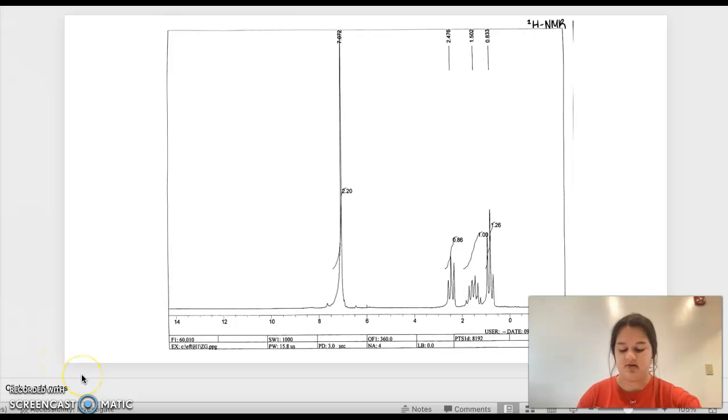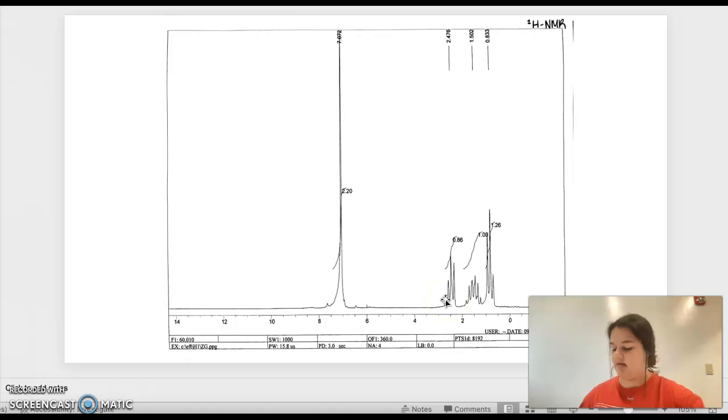So the first major signal we see here is a singlet, a 2H singlet at about 7 ppm. This indicates an aromatic ring is present in the chemical composition.